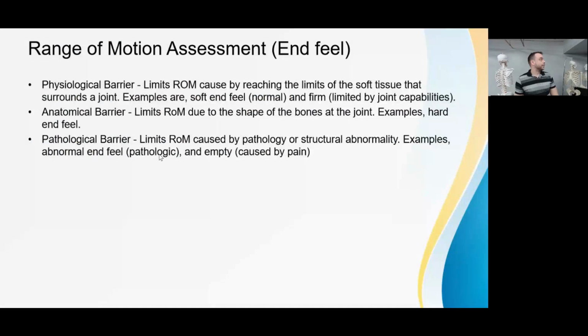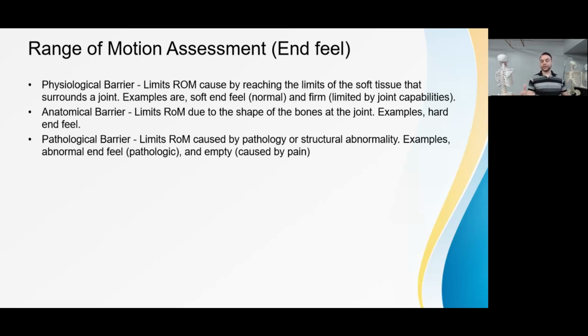Then we have pathological barriers, which are caused by pathologies or complications in the joint themselves. So in this case, we have an abnormal end feel, which is labeled as the traditional pathological end barrier, which is caused because of, let's say, defects, right?